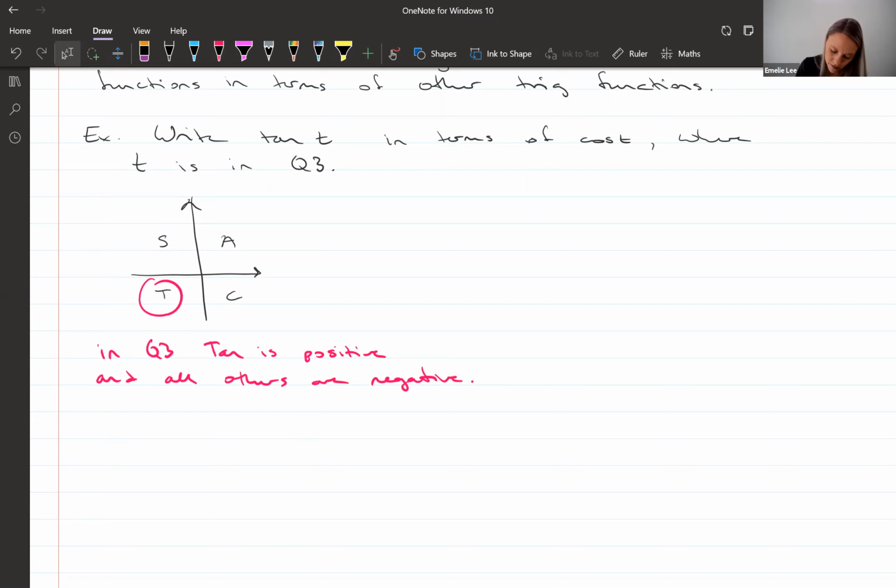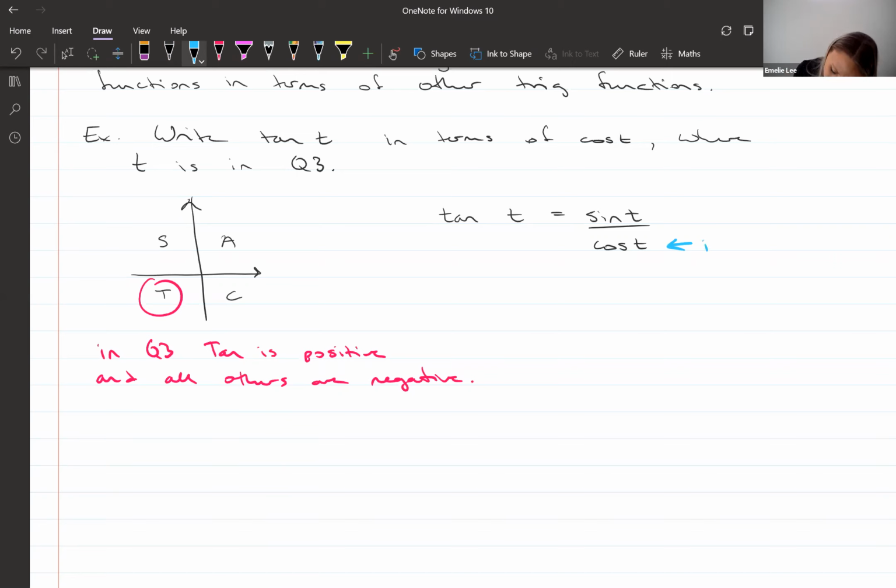Now there are a lot of different ways that you could develop this. If you have to rewrite tan t in terms of just cosine t, so eliminate all other things, we can start with a pretty basic identity: tan t is the same as sine t over cos t. Already I've got my cos t, that's good.